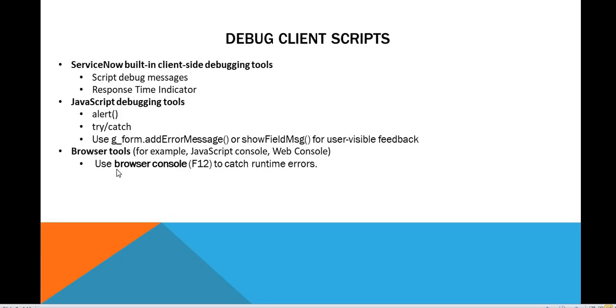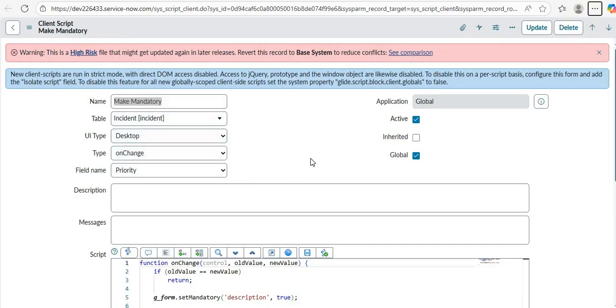And one more way, you can use the browser console F12 to catch the runtime error. So let's make some errors in our client script and see how we can find them.